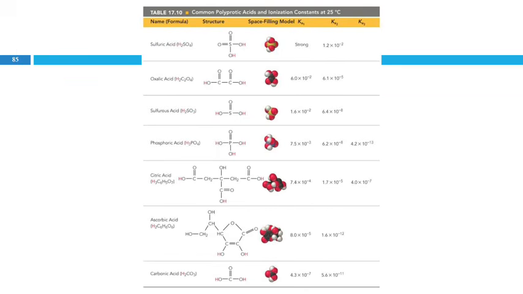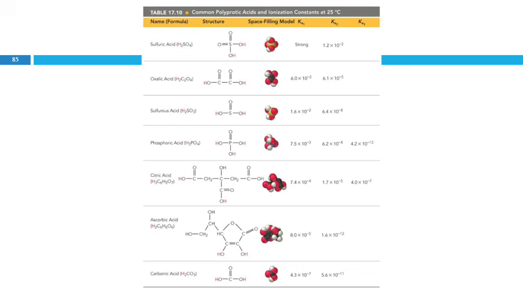These are some examples of polyprotic acids. Sulfuric acid, heard of that one. Phosphoric acid, this is triprotic. So sulfuric acid, diprotic, but over here where they list Ka1, 2, and 3, for Ka1 it just says strong.